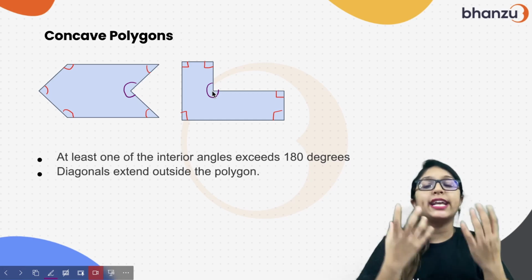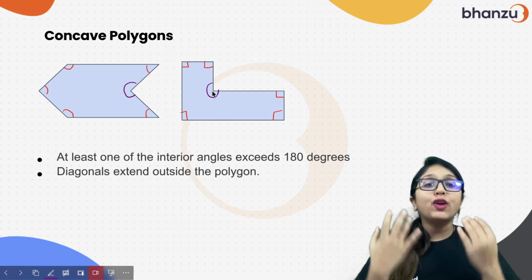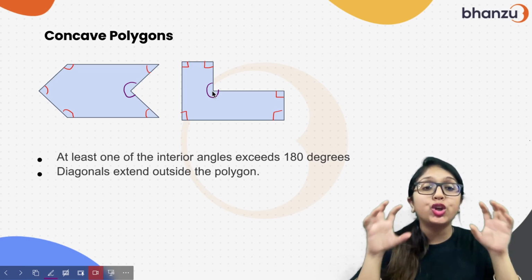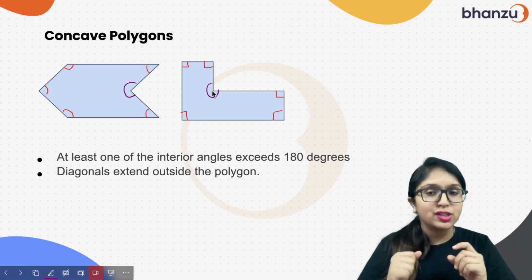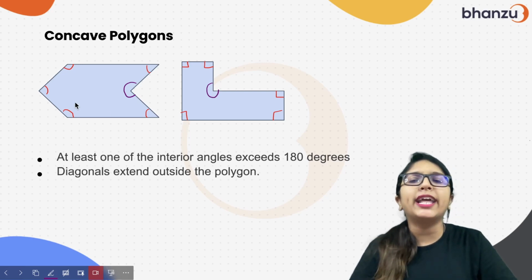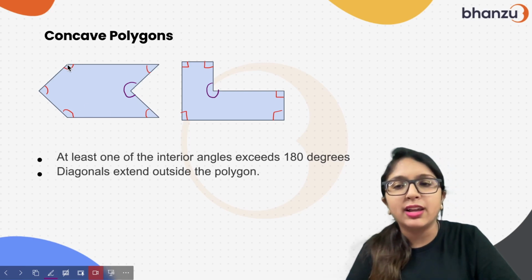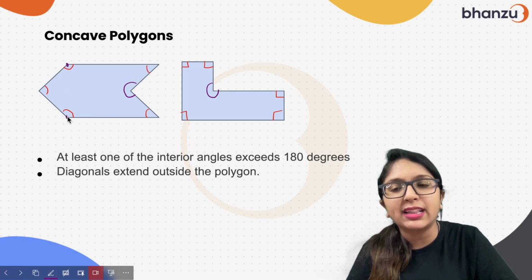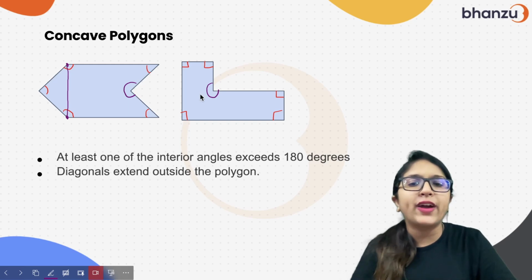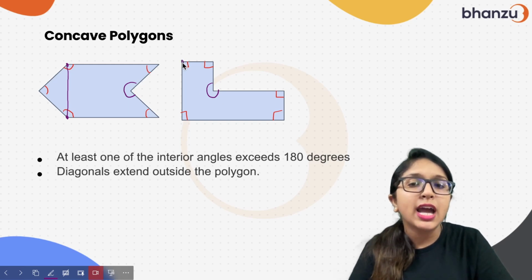Now let's go to the next property, that is of diagonal. Now what is a diagonal? A diagonal is a line segment joining two non-adjacent vertices, or you can say two non-neighboring vertices. So here, let me take any one random diagonal. I will join this vertex and this vertex. This is a diagonal, right? Now if I have to make the diagonal over here, I can join this vertex and this vertex.